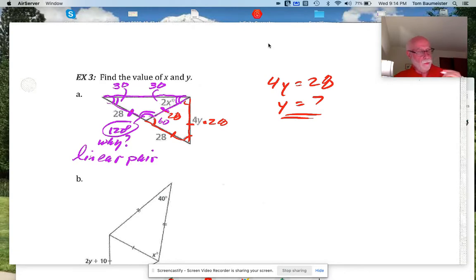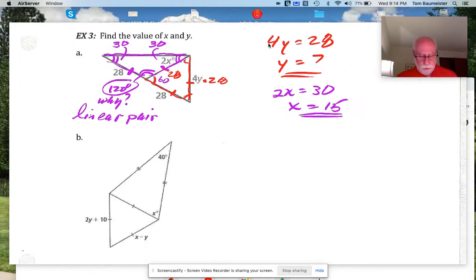If they both have to equal 30 degrees, then we can say that 2x is equal to 30. Again, divide by 2, and we'll get that x is equal to 15. So again, just think, ladies and gentlemen, we don't always have to solve for x first. All right. Hopefully you saw that we could look at the sides first on the equilateral triangle.